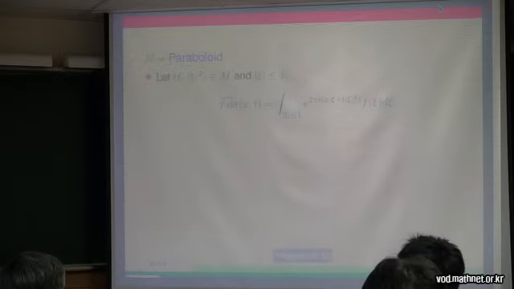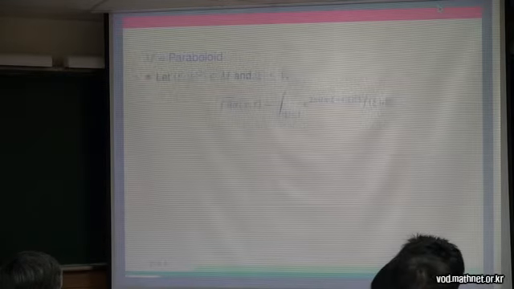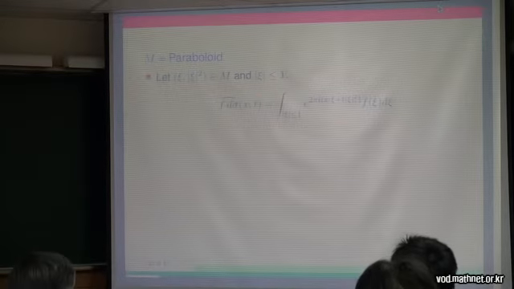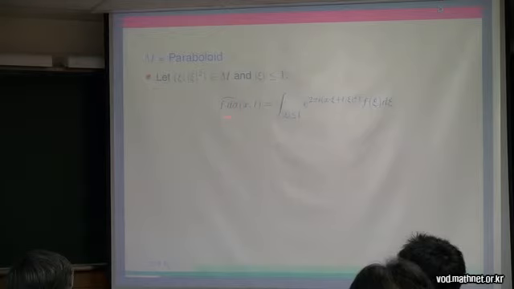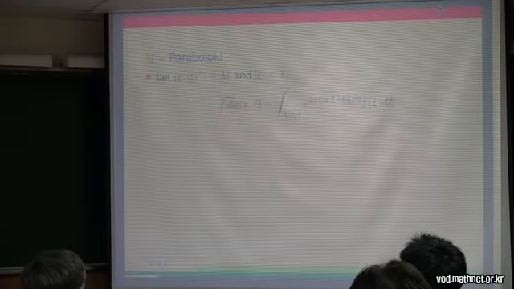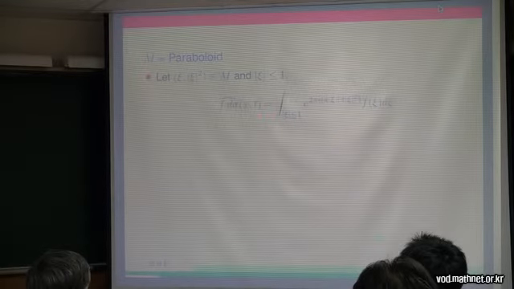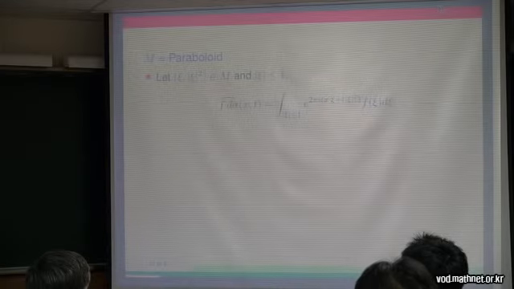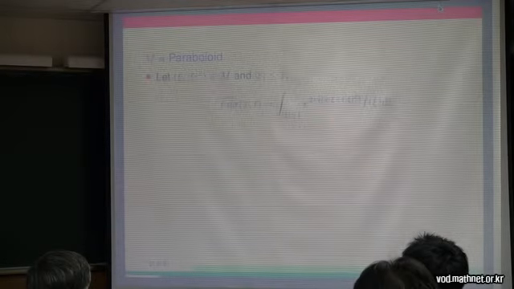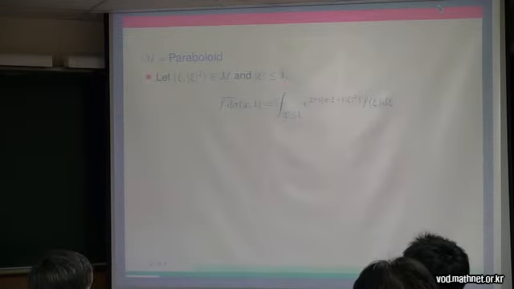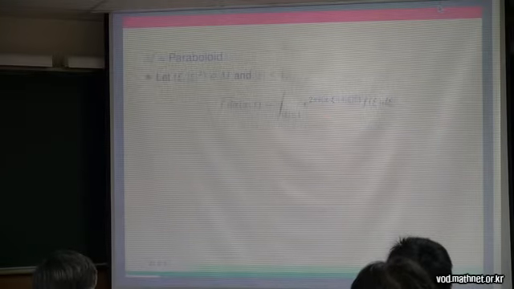So if M is a paraboloid, then we can write the extension operator as this: f d sigma hat of x, t can be written as e to the 2 pi i (x dot xi plus t xi squared). Actually, this is exactly the solution of the free Schrödinger equation with initial data f.